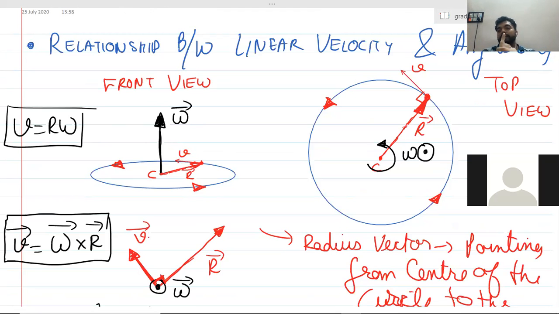First, omega should be acting towards you. The radius vector is over there. Let's do one. What I'm doing is changing the direction of V so that you can apply that law easily.